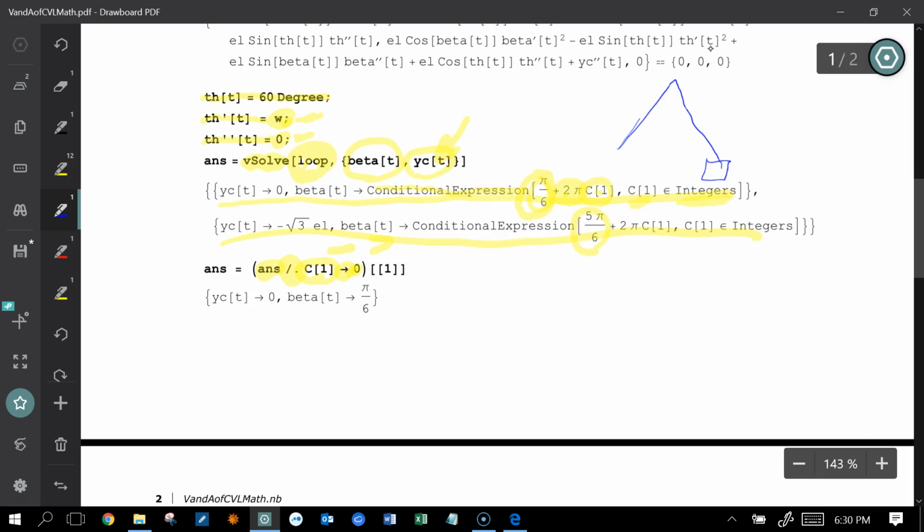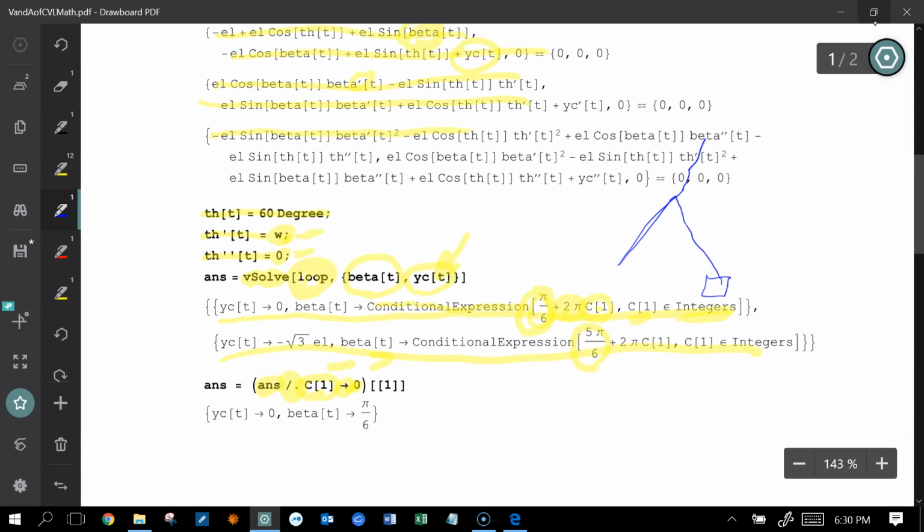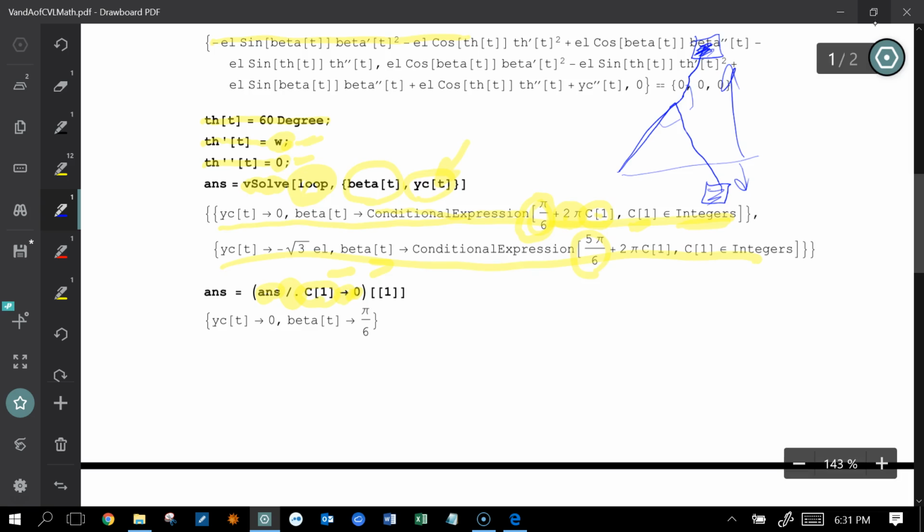It could have bent up and into the slot. That's the same thing as far as it knows. Each one has a different y and a different beta, but still this is in that vertical slot just like this one is. So the math doesn't know which one you want. There are two answers.